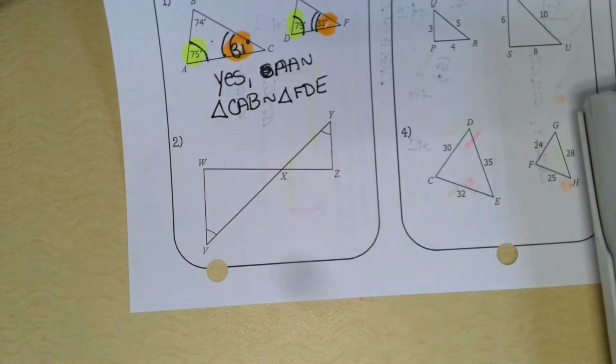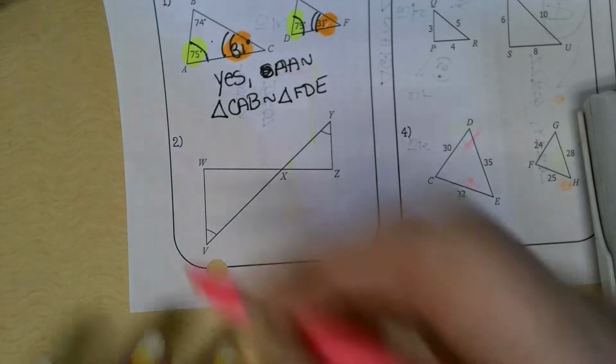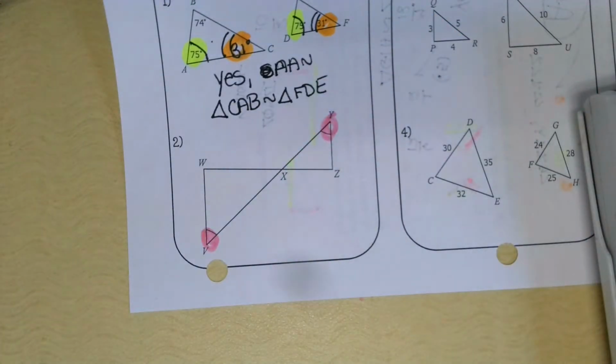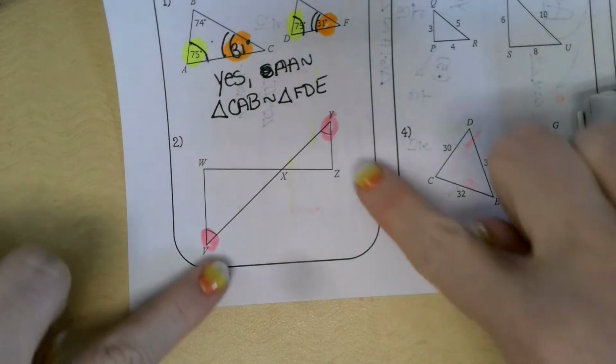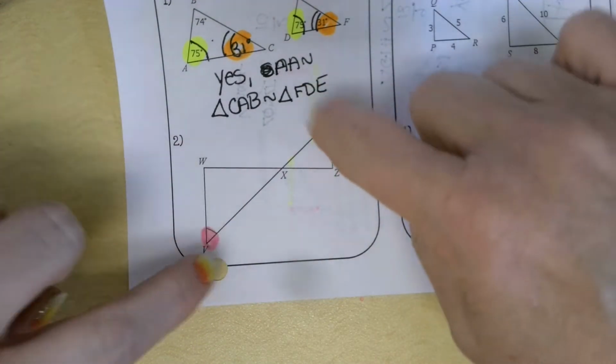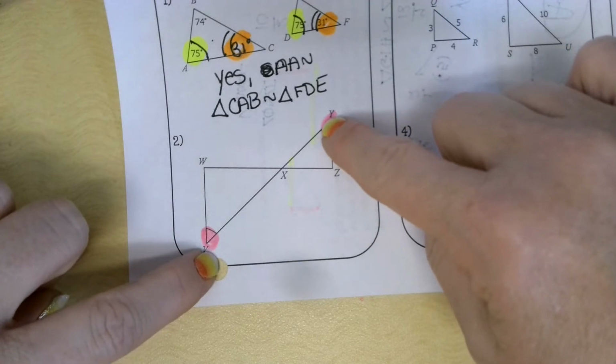Okay, question number 2. This is an example of a problem that has no numbers, so you have to rely on the markings that we've had. Well, this problem already has those angles marked. Heads up, if those angles were not marked, but you had parallel markings, you would mark them because they would be alternate interior.